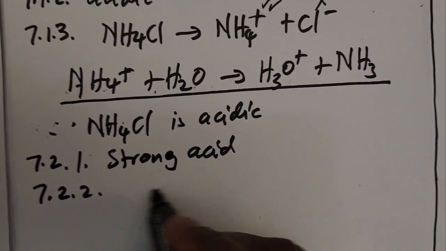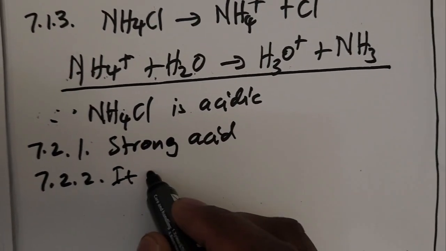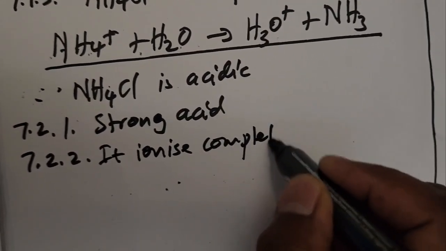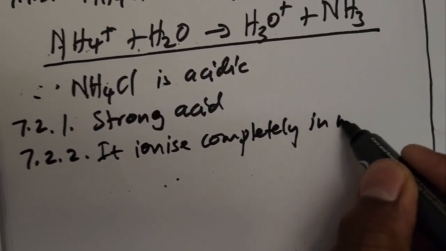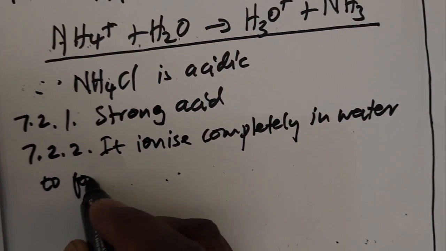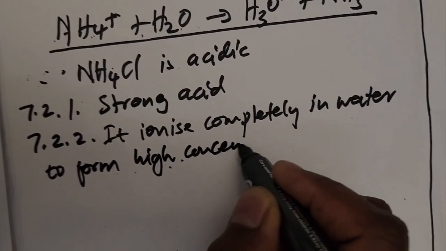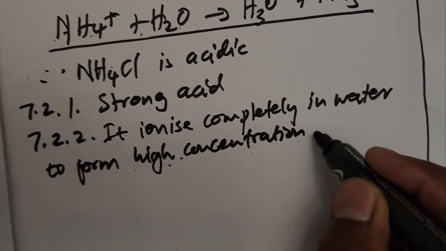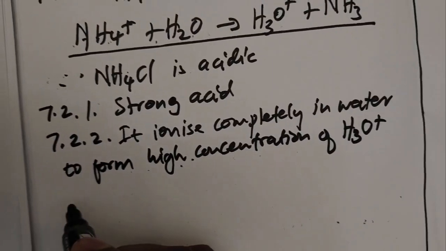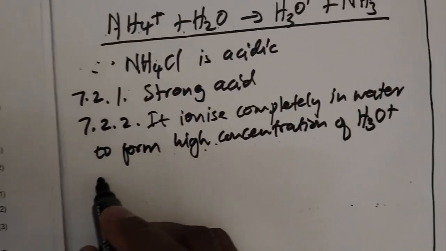Remember, lately we were told how to explain that one: it ionizes completely in water or in solution to form a high concentration of hydronium ions. If you do that, then you'll get the 2 marks.